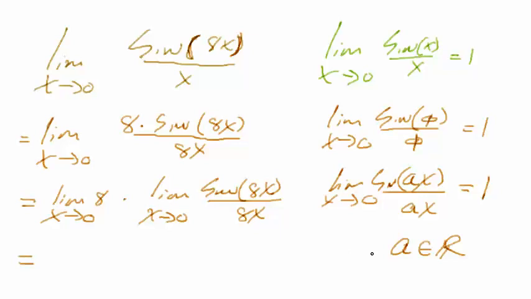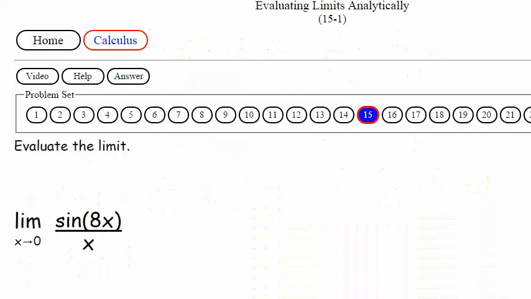Little trick going on there. The limit of a constant is just the constant, and this right here is the same thing as this up here. So this is all equal to 1, and therefore 8 times 1 is 8. So there it is. Simple as that.